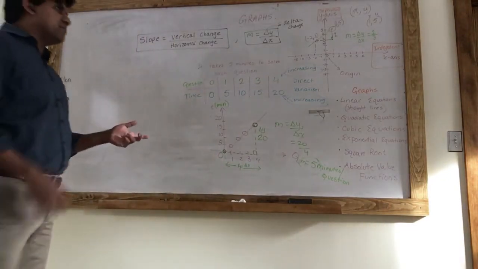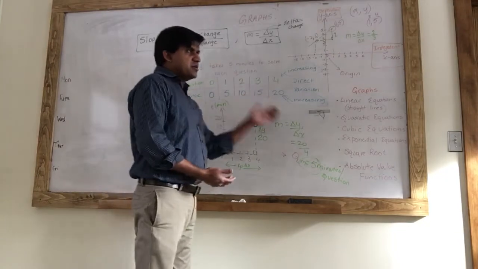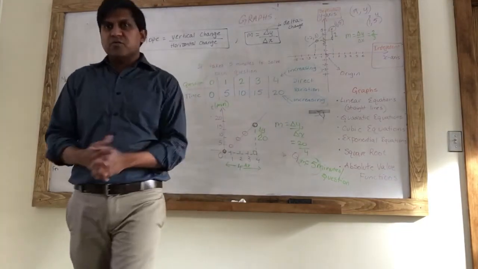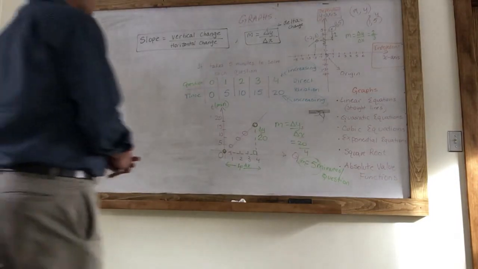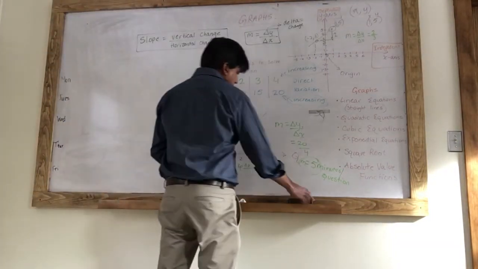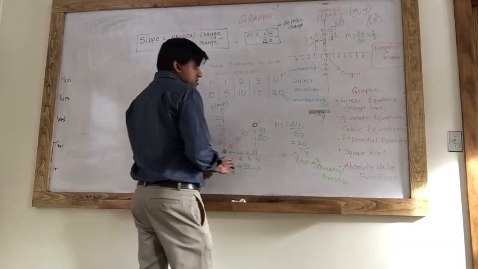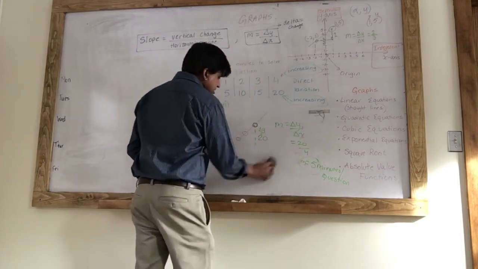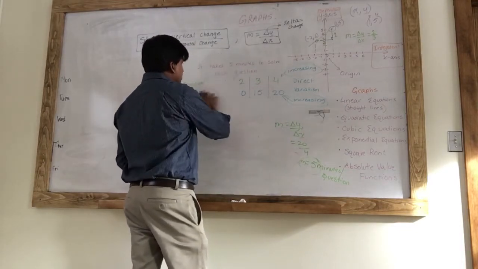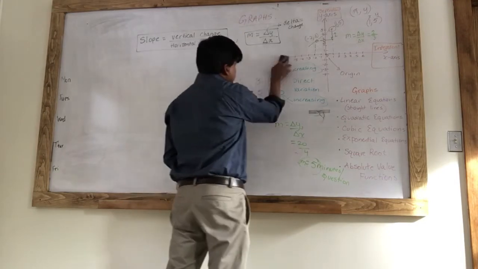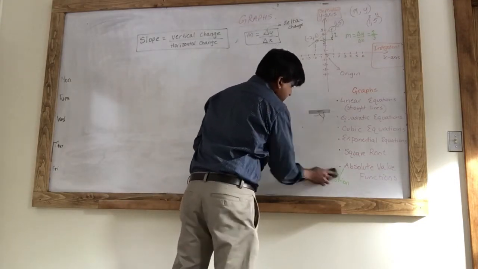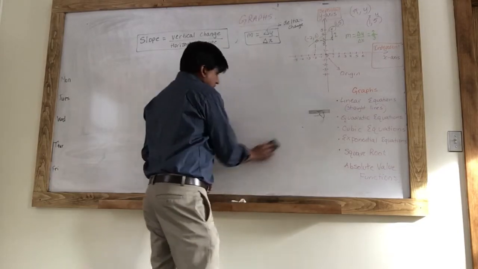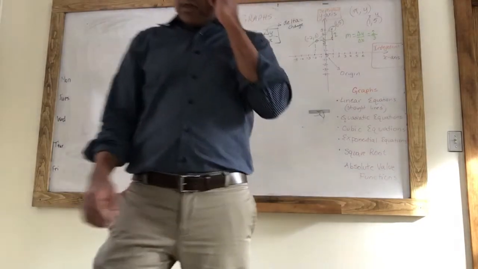If you did time per question, then you would get how much time you're taking per question. So it depends how you're determining your variables, okay? So this is something that we will be working on. They'll ask you a lot of questions about the slope. Okay. So that's the idea about the slope.